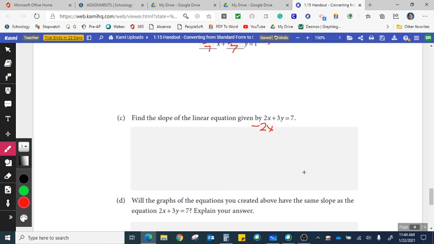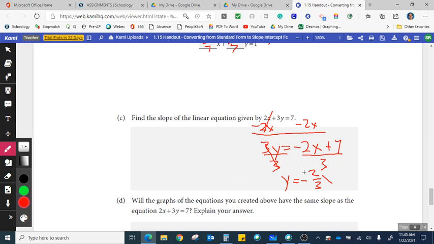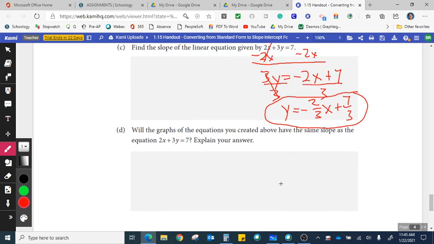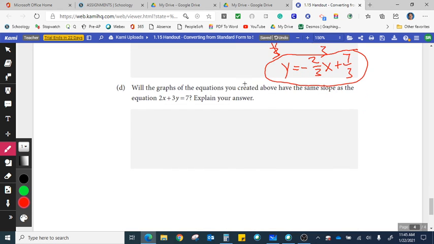Subtracting 2x from both sides, I get 3y equals negative 2x plus 7, and I divide by 3 on both sides, and I get y equals negative 2/3 x plus 7/3.